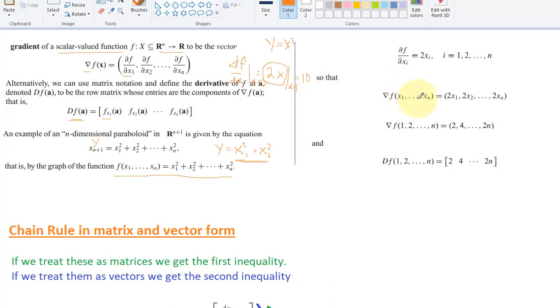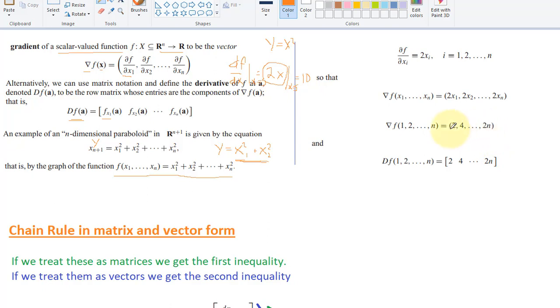I have to do the same thing here. First I calculate the gradient, and then I put in the values. They're saying at the point 1, 2, 3, and so on, an arbitrary point they've indicated here. So we put in 1 for this, 2 for this, and all the way up to n for that. We get 2 times 1, 2 times 2, and all the way up to 2 times n.